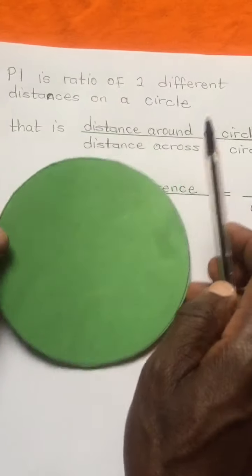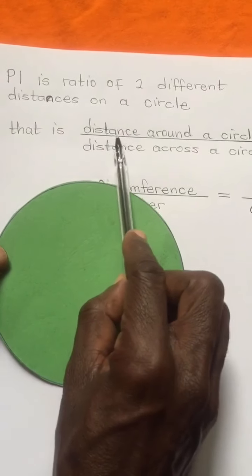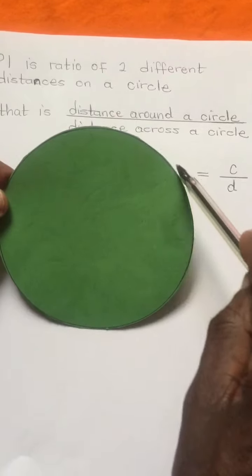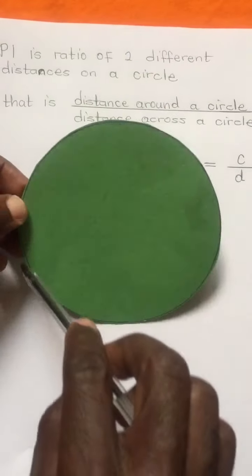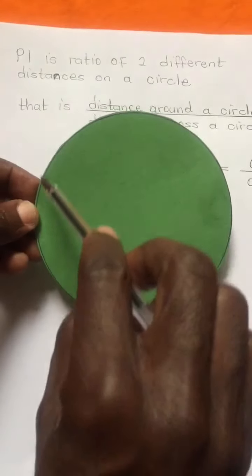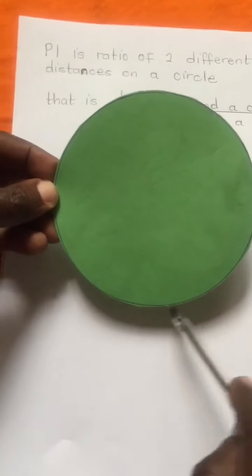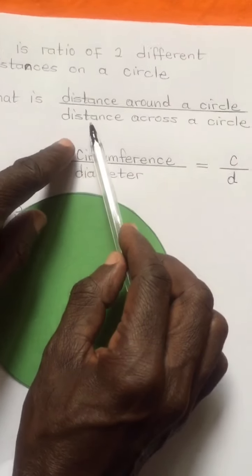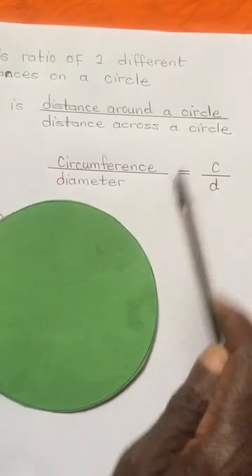So there are two. The first one is the distance around a circle. Last time we mentioned that the distance around the circle is called the perimeter, or you could say the circumference. Then the next one is the distance across a circle.